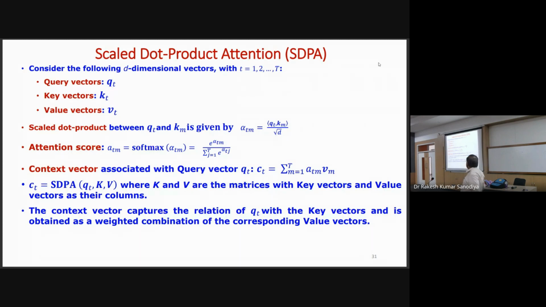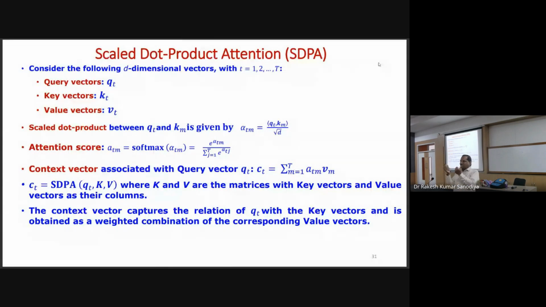Okay. As all of you know, one of the ways of measuring the similarity between two vectors is by computing the dot product. All right. So that's why we compute the dot product between one query vector qt and one of the key vectors km, the m-th key vector. As you can see here, the numerator term is the dot product between qt and km, right? What is the dot product here?